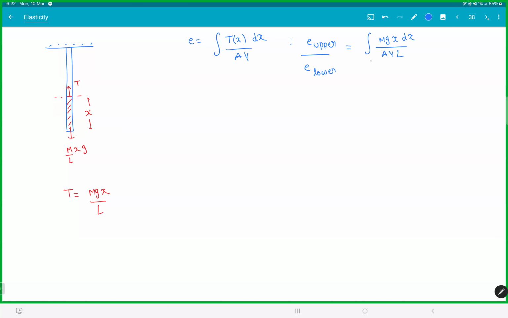What are the limits for the upper one? L by 2 to L, na? For the upper part of the rod, the x values go from L by 2 to L. So the main thing is that what changes is the limits. For the lower one, mg x dx by AYL, limits will be from 0 to L by 2. mg will cancel, AY will cancel, everything goes off. You're just stuck with x dx. The only difference is the limits.